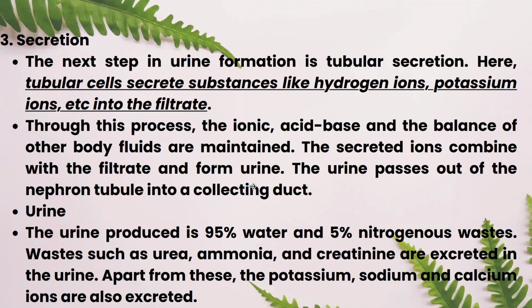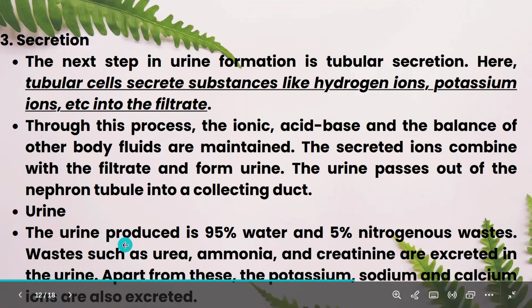Means what is the purpose of combining the ions into the urine? It is making the urine in the proper concentration. This urine passes out of the nephron tubule into the collecting duct. We studied the structure of the nephron. The last one is the collecting duct. So here, ultimately, the urine is formed.